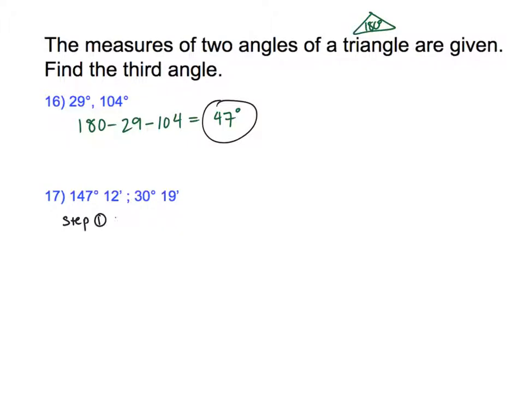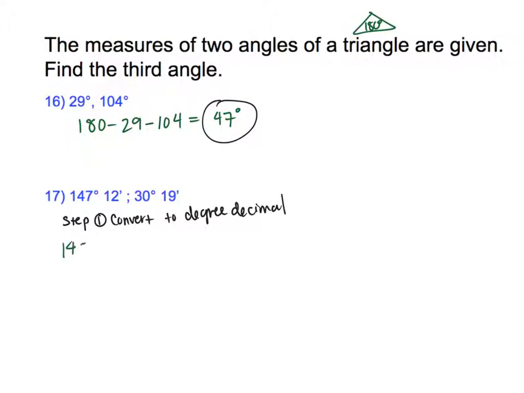The first step is to convert to degree decimal. We have to convert both of these two into decimal degrees.